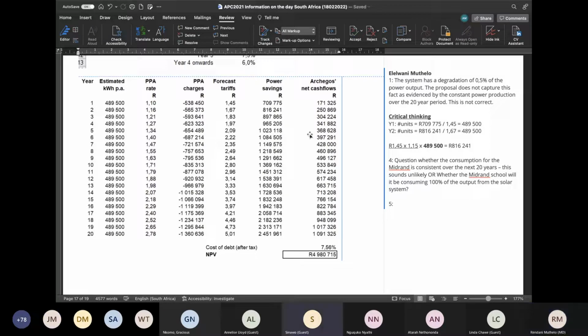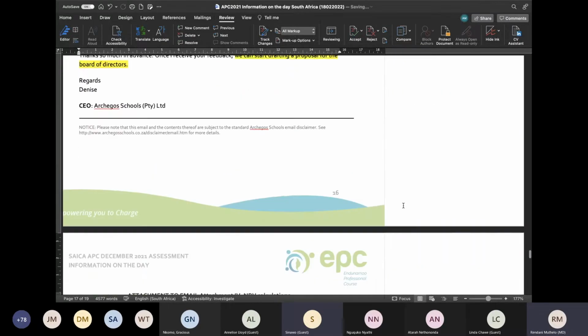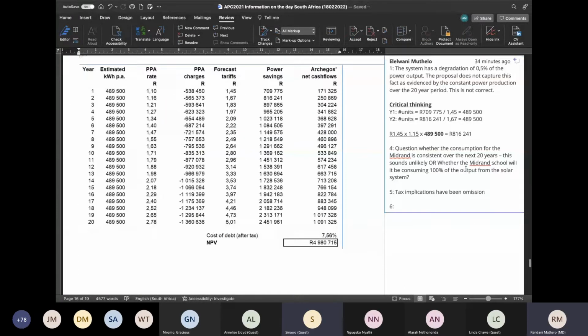The tax implications. Tax implications have been omitted. So you've got an omission. But do you see, these are the tools that you can go in with, and you'll never have to struggle again with a math review task.